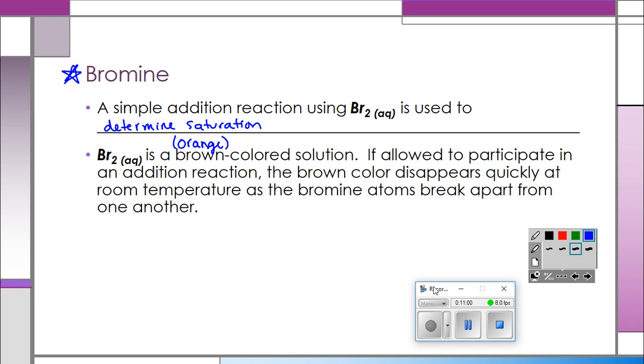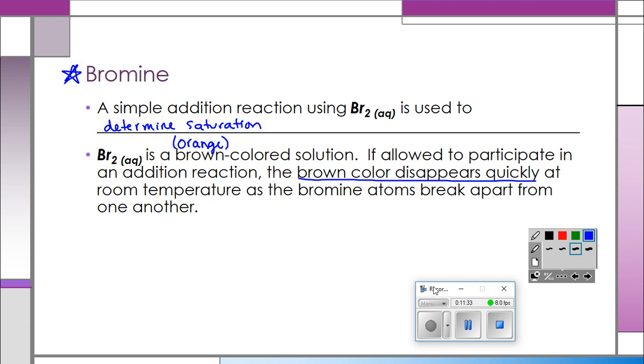If we add bromine to a sample that we have and it participates in an addition reaction, the brown color disappears. So, if bromine actually participates in a reaction, so if there was a double bond that could have been broken and bromine could be added, then the brown color disappears.